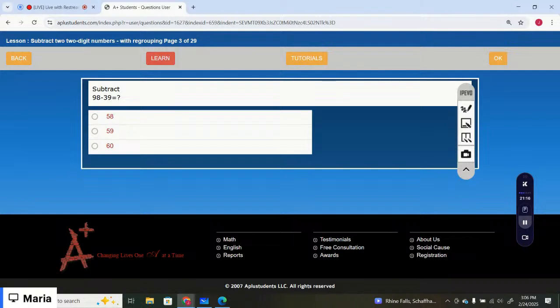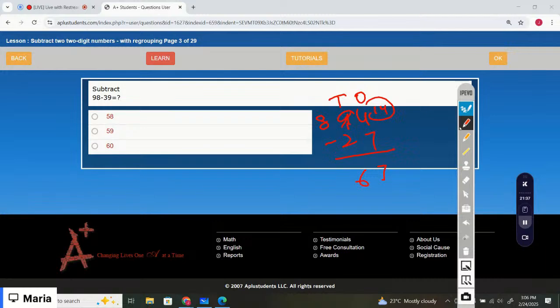Ninety-eight take away 39. So you cannot subtract 9 out of 8, so you need to borrow 1.